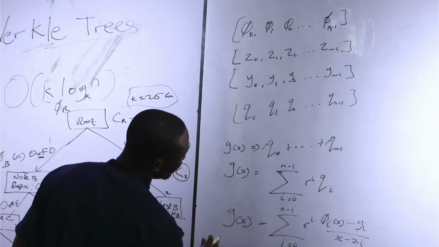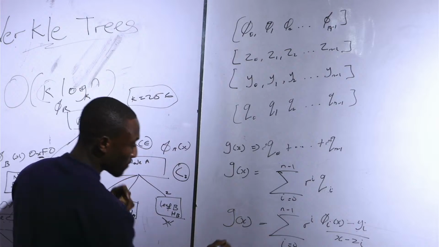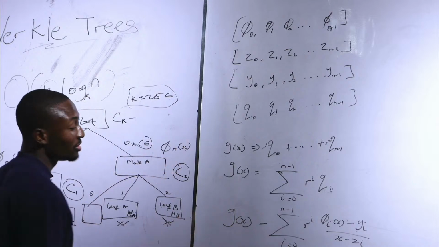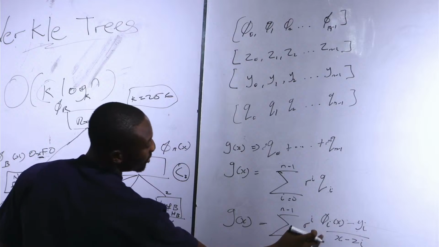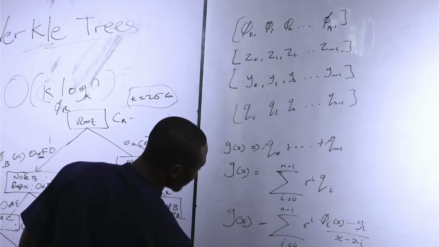Then we can have the commitment to G of X. The prover is going to generate a commitment for this polynomial, let's say that is E.